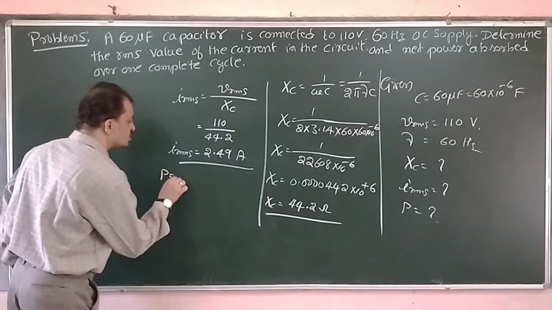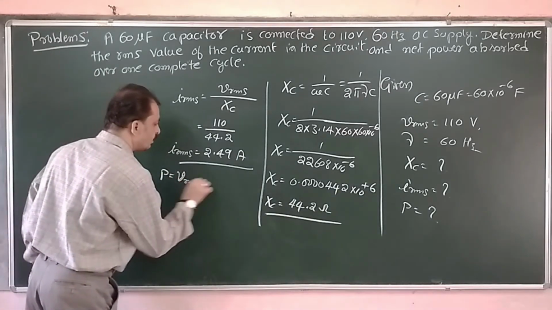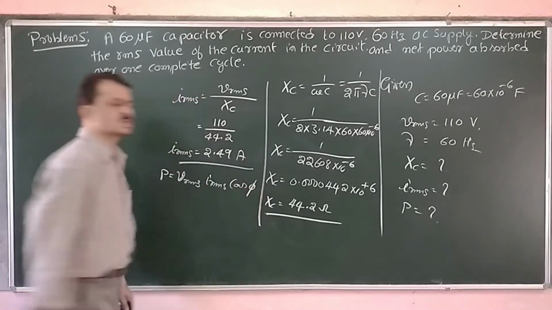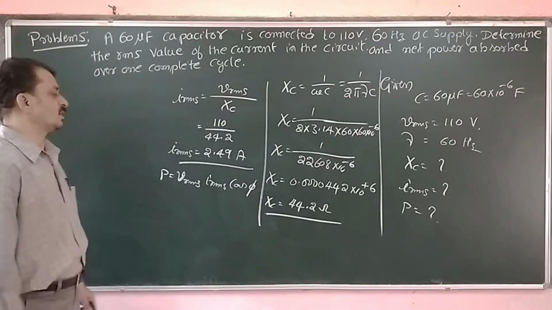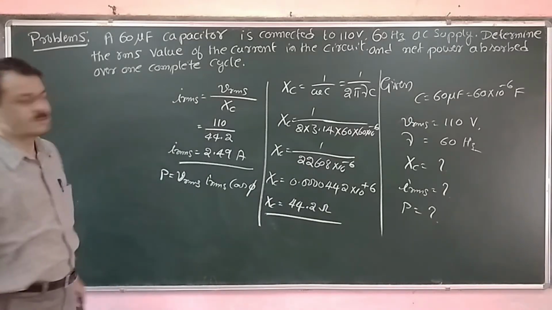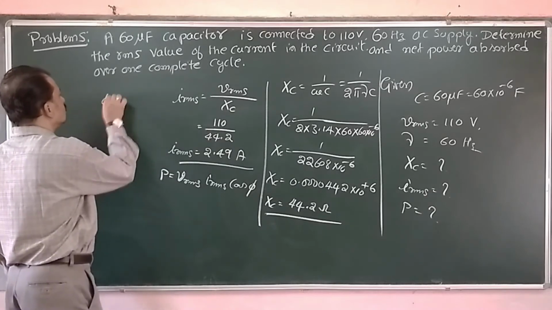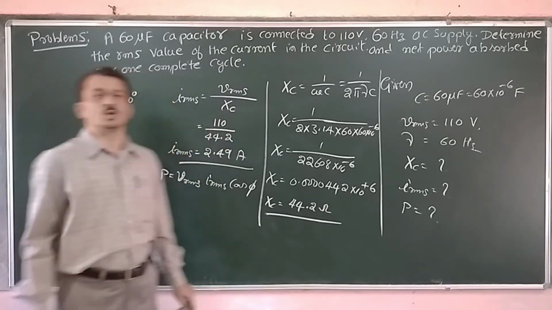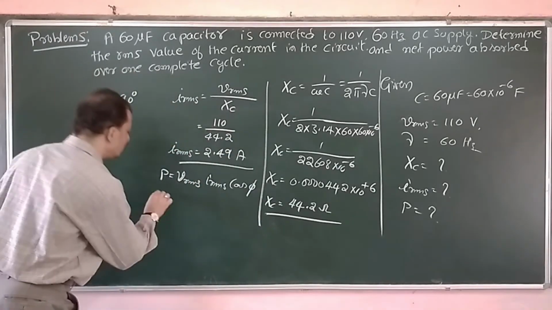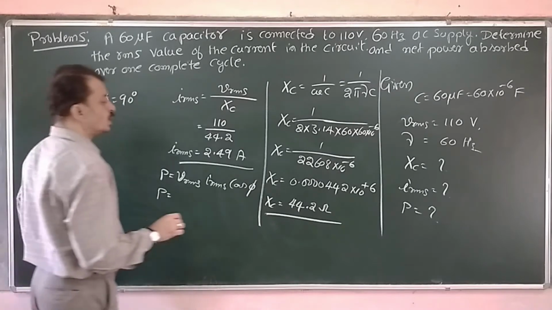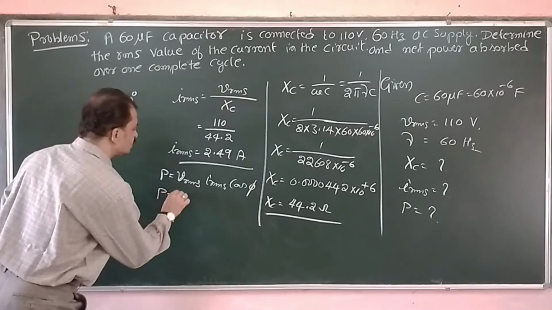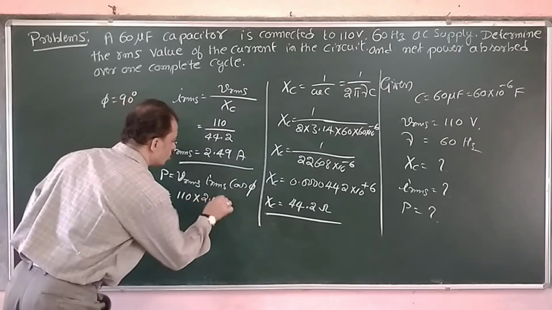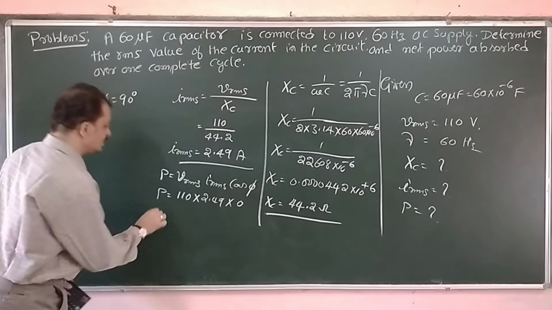Now the average power consumed is equal to VRMS, IRMS along with cos phi, which is the power factor. In the case of a pure capacitive circuit, phi is 90 degrees, that is current is leading the voltage. Current is ahead, voltage is behind. Since it is a pure capacitive circuit, this is 110 VRMS, IRMS is 2.49 and cos 90 is 0.